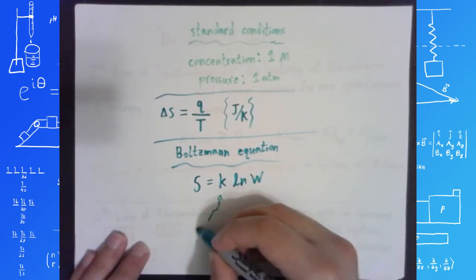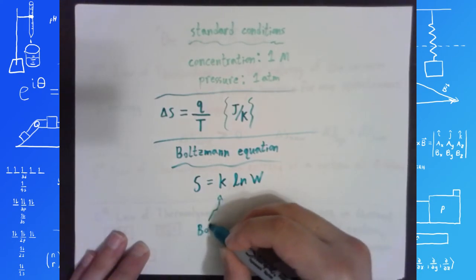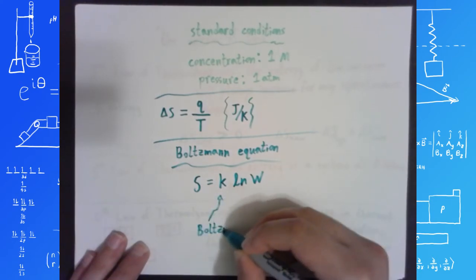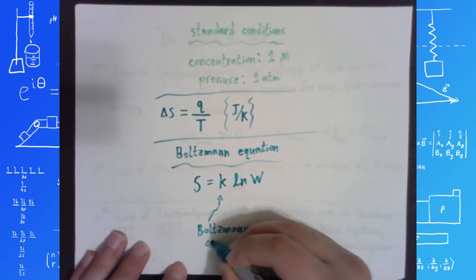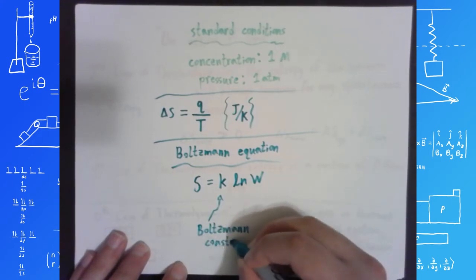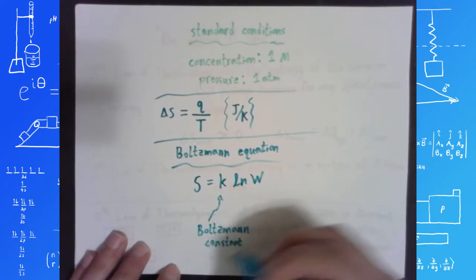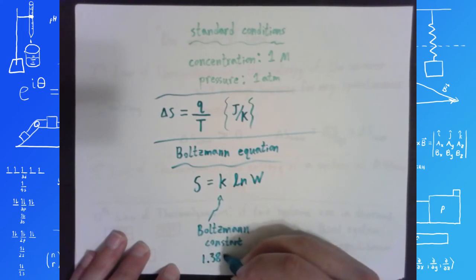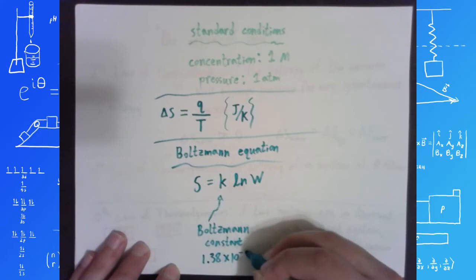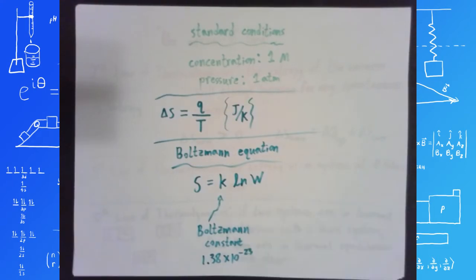K is the Boltzmann constant, which is equal to, let's see if I'm remembering this right, 1.38 times 10 to the negative 23rd, I think.